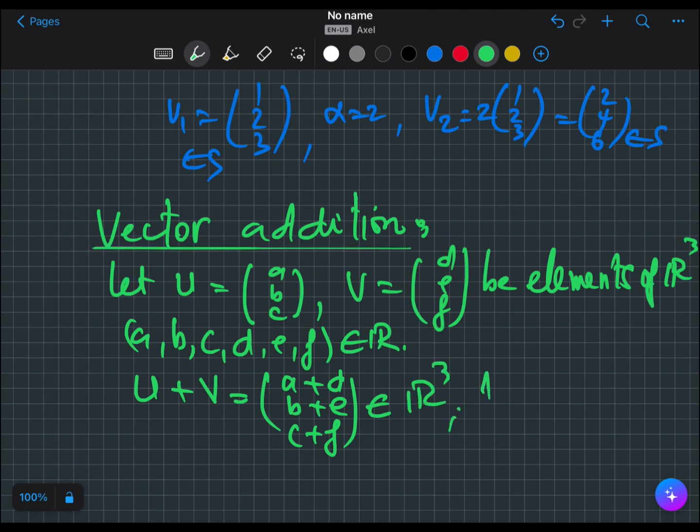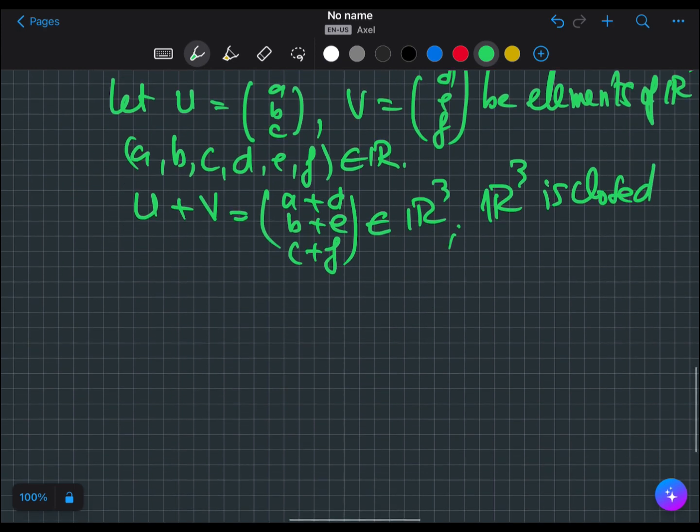Therefore, R3 is closed under vector addition.